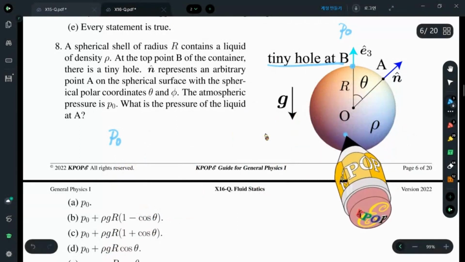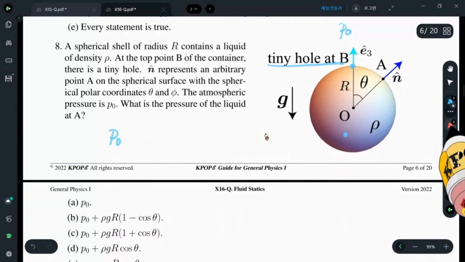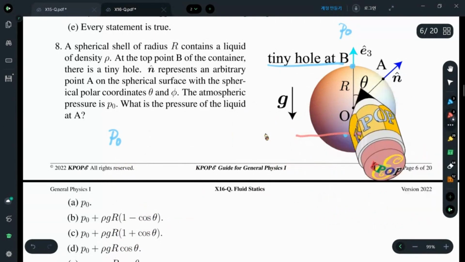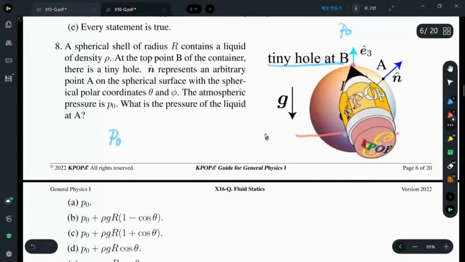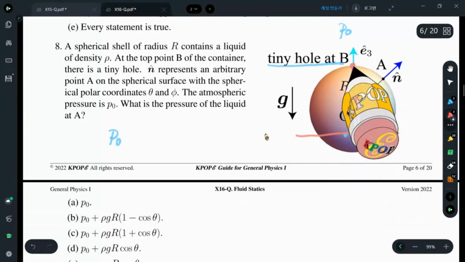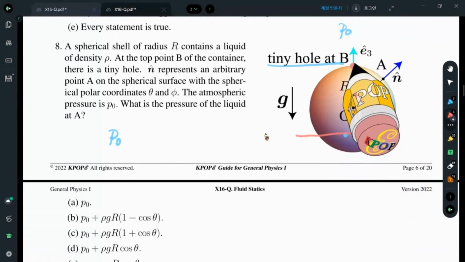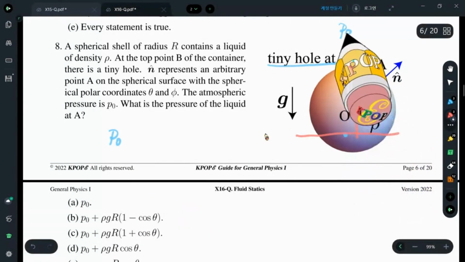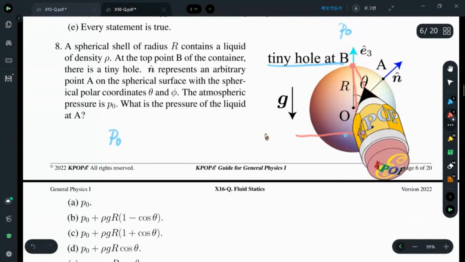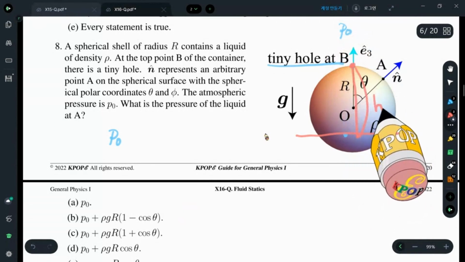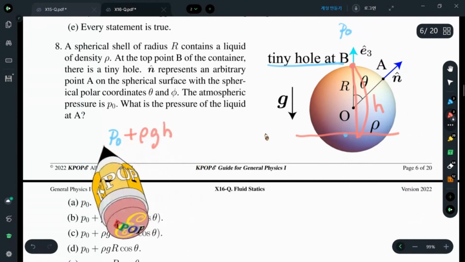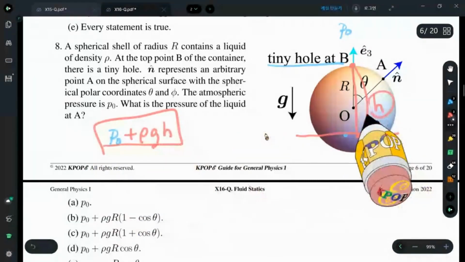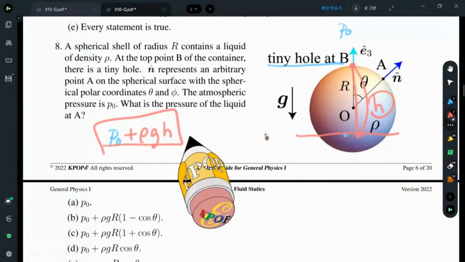If I want to know the pressure at some point inside the liquid, I just measure the depth from the point where the pressure is fixed. We know the pressure here is P0, and the added amount is rho g h. If I know this h, then the answer is this.